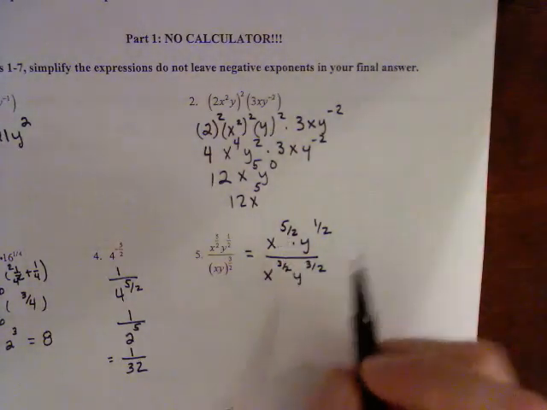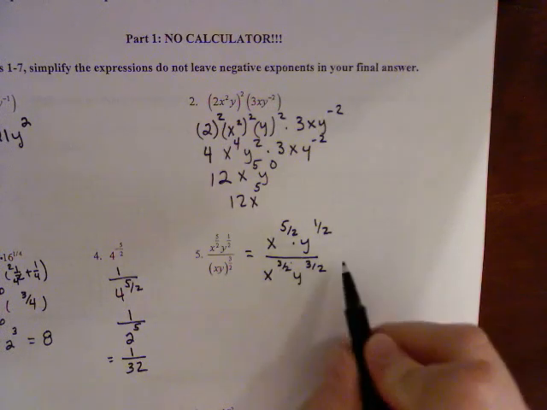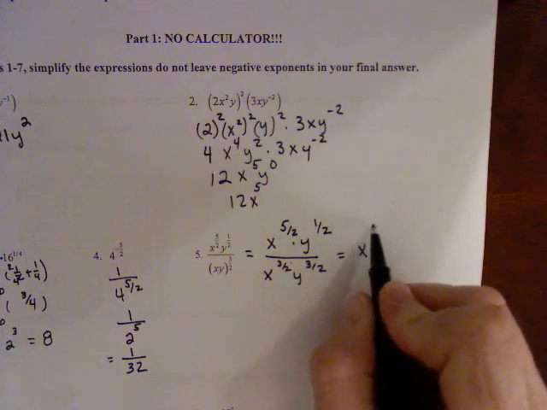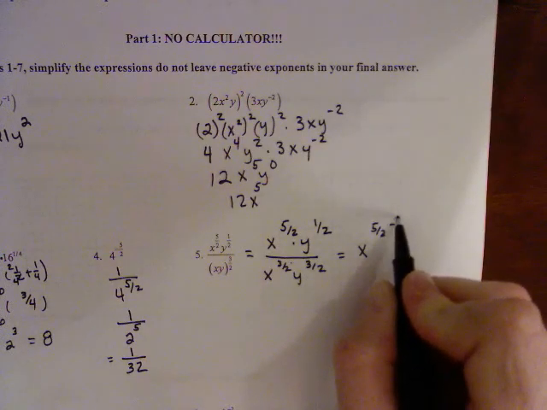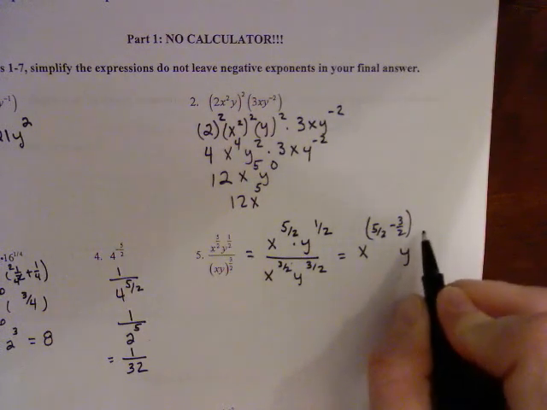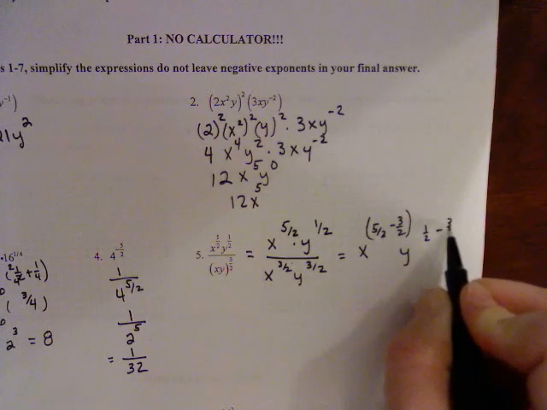The rule when you have division is to subtract, so we'll make this x to the 5/2 minus 3/2 and y to the 1/2 minus 3/2 power.